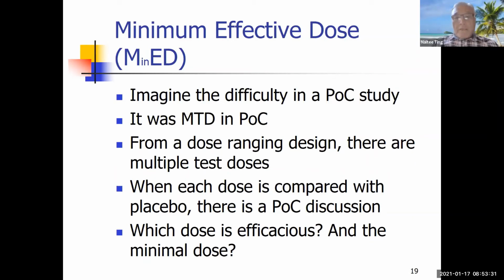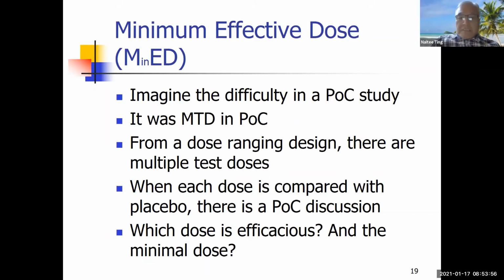We can design the study, and with limited sample size, with our assumptions and with the kind of risk we're willing to take, we came up with this design, and we started conduct the study. And after the study results came out, we started to make a go, no-go decision. And we know it's very, very difficult.